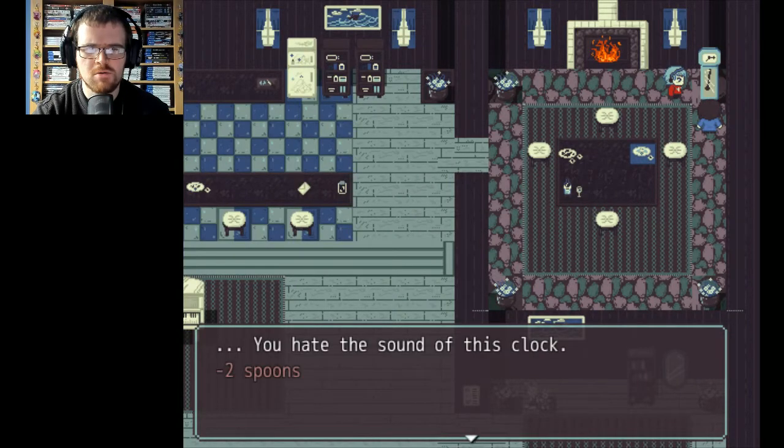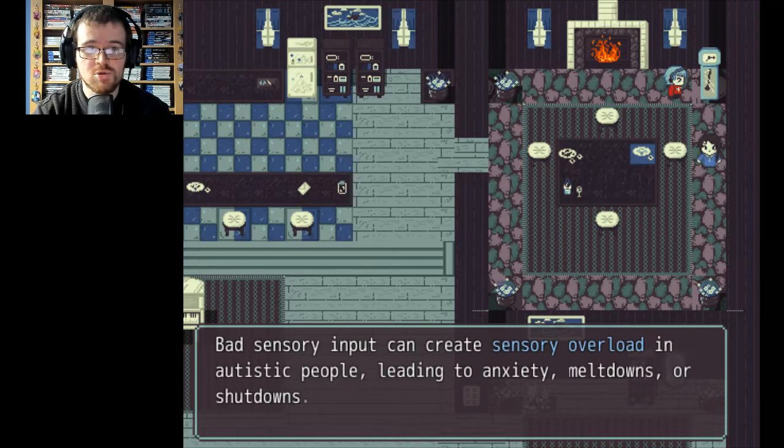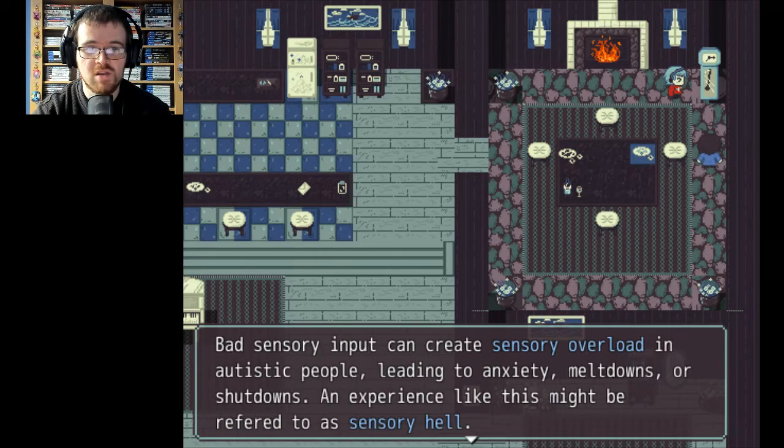You hate the sound of this clock. -2 spoons. Bad sensory input can create sensory overload in autistic people, leading to anxiety, meltdowns, or shutdowns. An experience like this might be referred to as sensory hell. Yep, I can understand that as well.